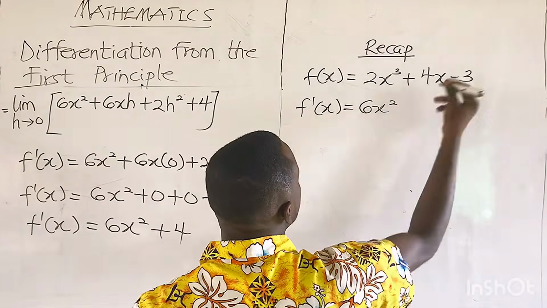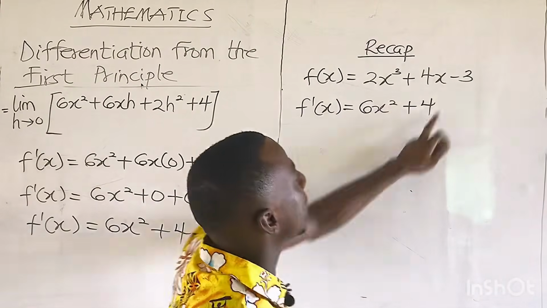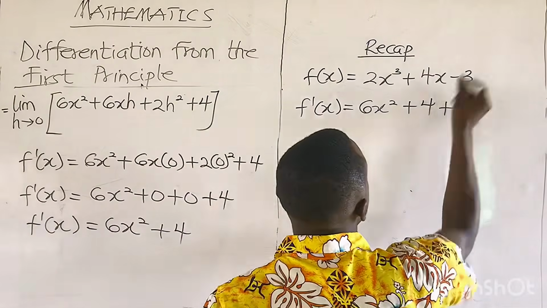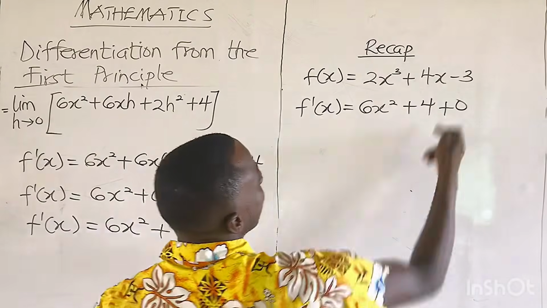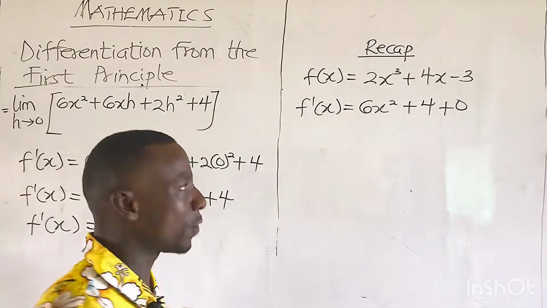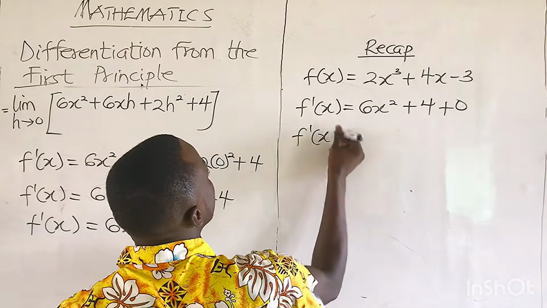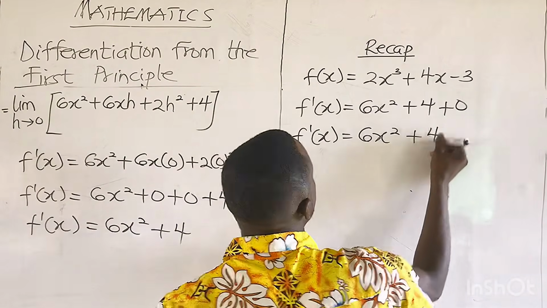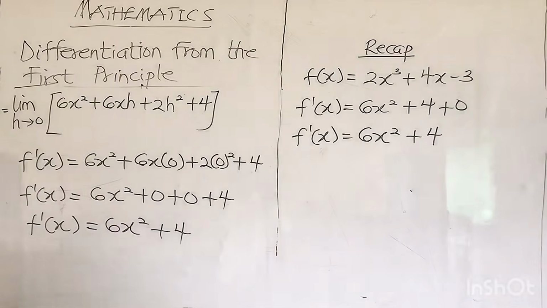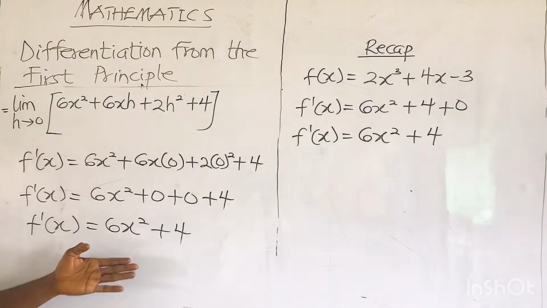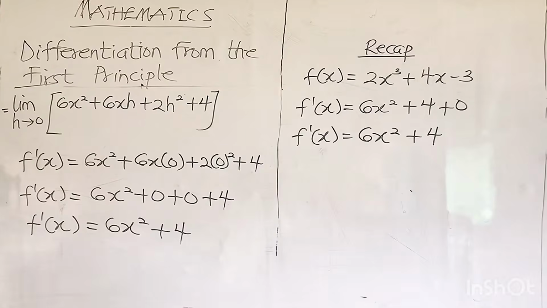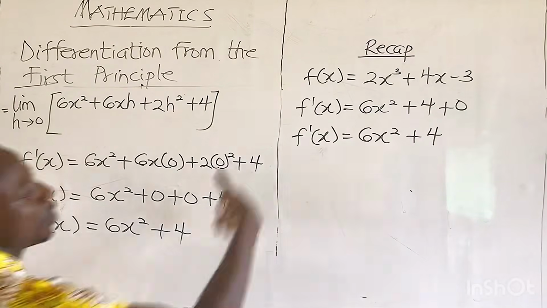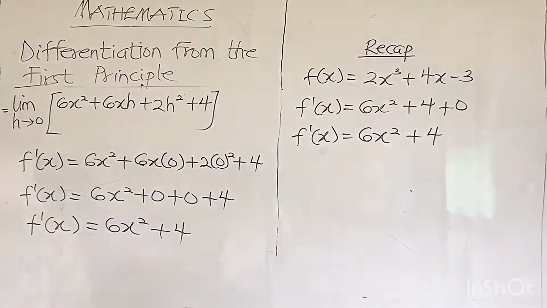Then when you differentiate 4x, we have 4. But when you differentiate the negative 3, it is going to be 0, because negative 3 is a constant. So finally, the answer is going to be 6x squared plus 4. And that is the same thing we had here. So anytime you use differentiation from the first principle, you need to get the same answer when you differentiate from the normal perspective.